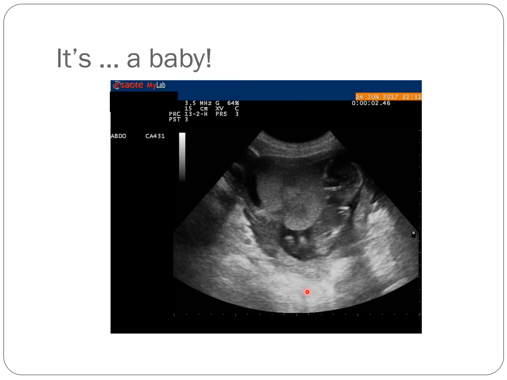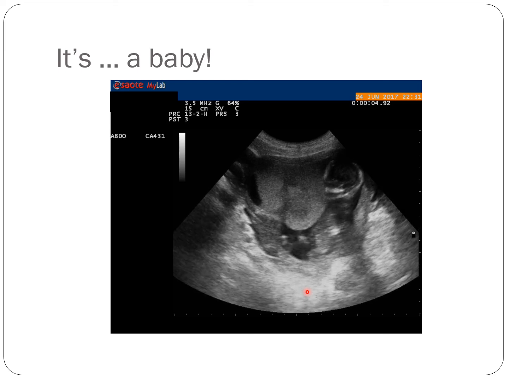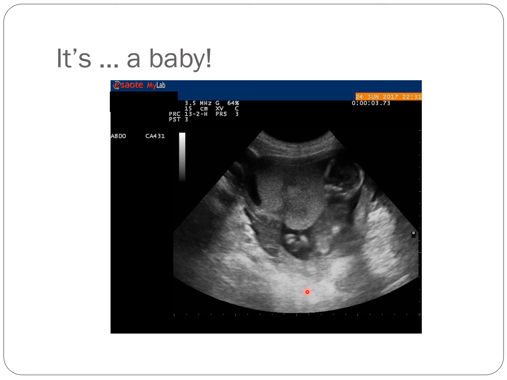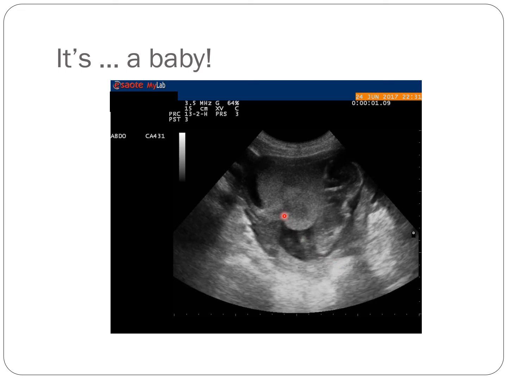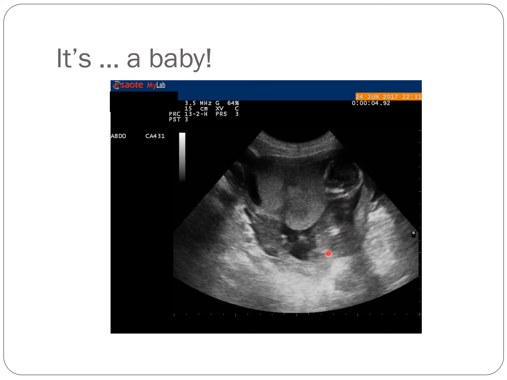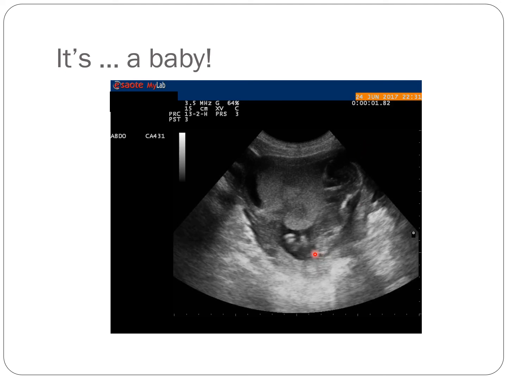And sometimes when you scan the patient, you can come across a surprise. So this lady didn't expect that she was pregnant. However, on the scan, you can see the placenta, and you can see a living, healthy-looking baby.